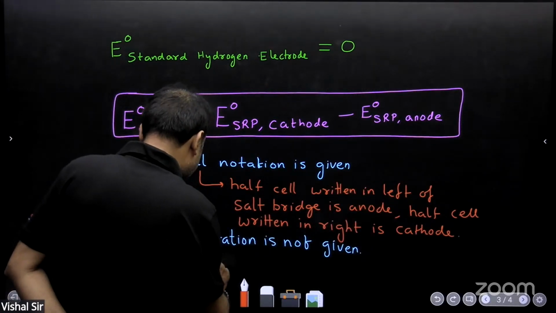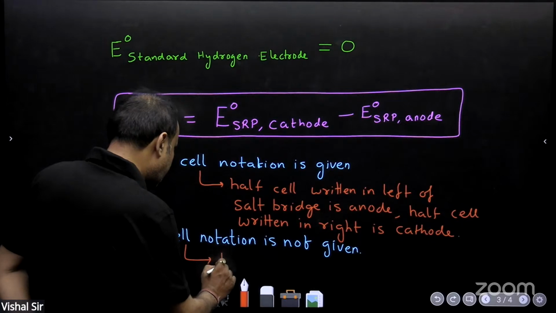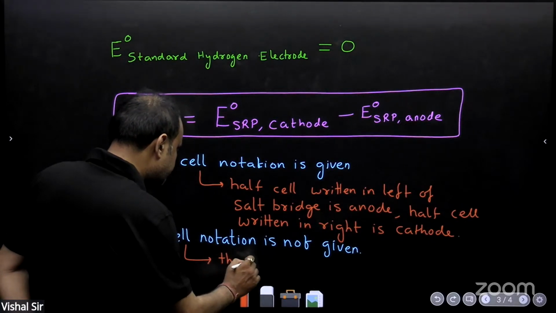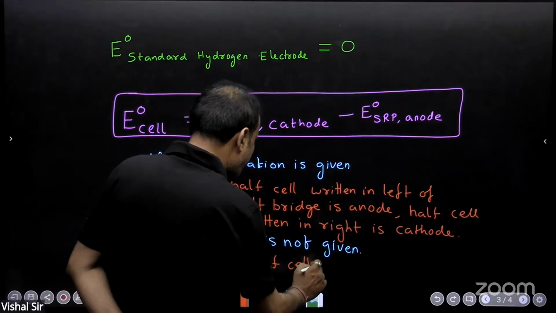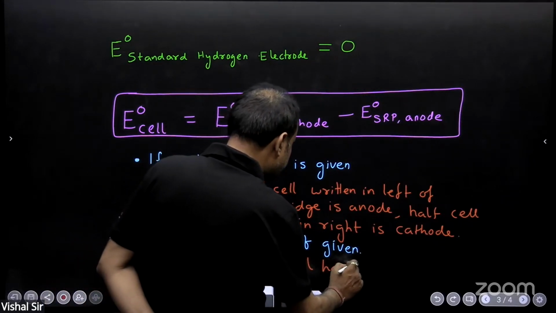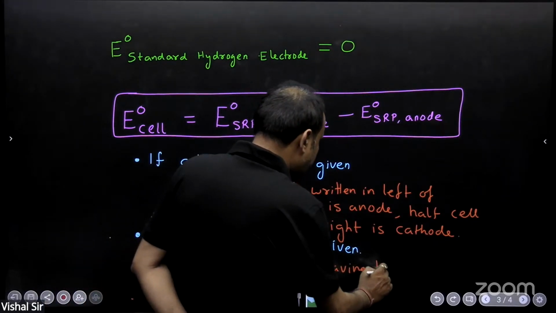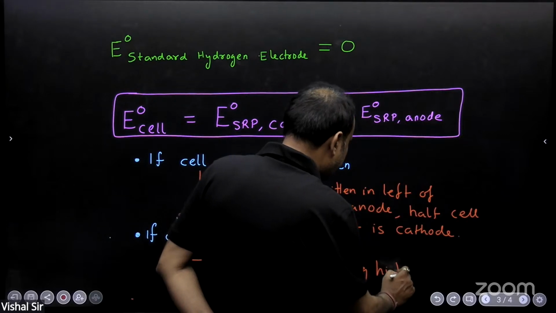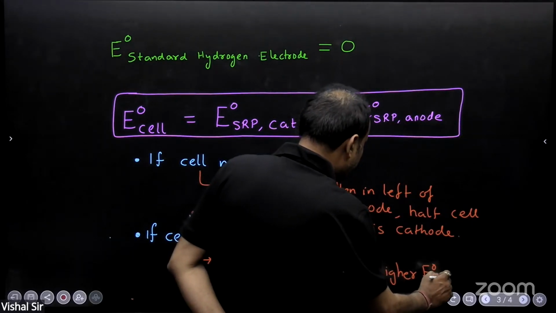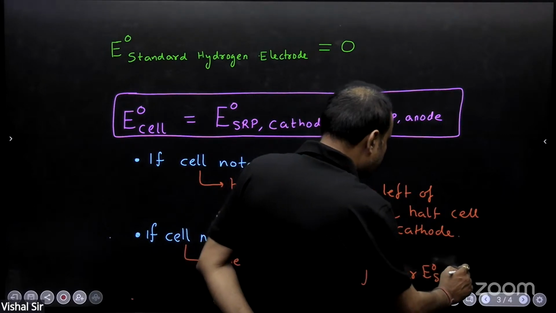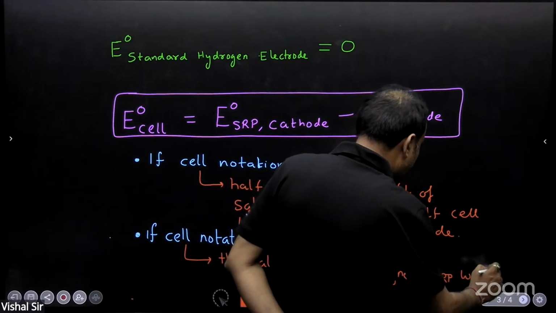Then the half cell having higher SRP value will be cathode.